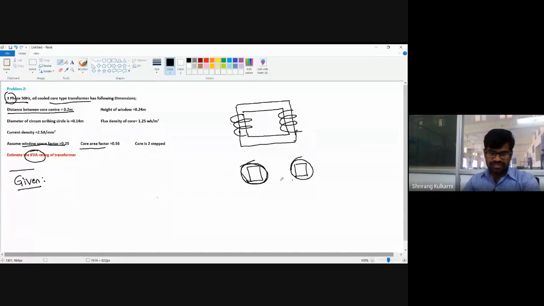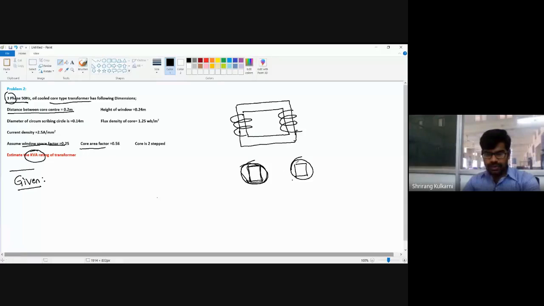Understanding this? This is the core, and the windings look like this from the top view.